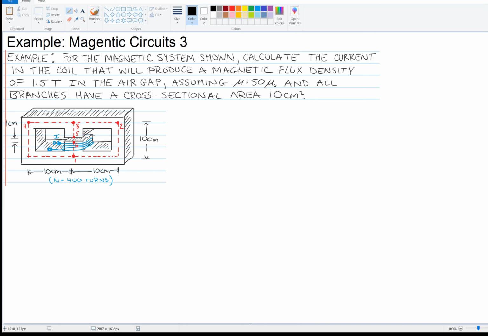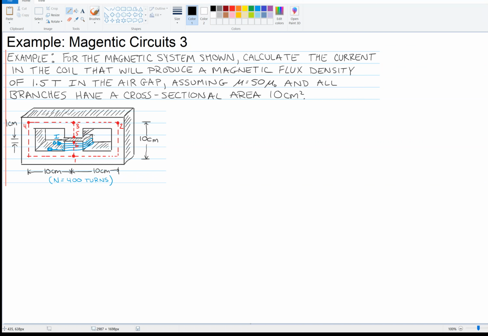Here's the example. For this magnetic system, calculate the current in the coil in blue there that will produce a magnetic flux density of 1.5 Tesla in the air gap. So there's a little air gap there right above the coils. Assuming the permeability of the material is 50 times mu 0 and all branches have a cross-sectional area of 10 square centimeters.